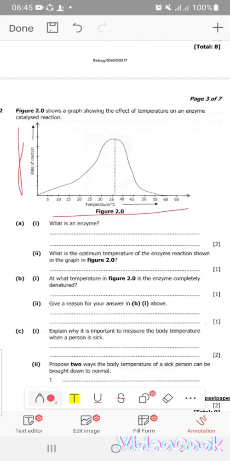If you follow this graph, at the beginning the reaction was slow, and as the temperature increases, the reaction also increases until it reaches a point where it stops increasing and starts decreasing. This point is what is called the optimum temperature.